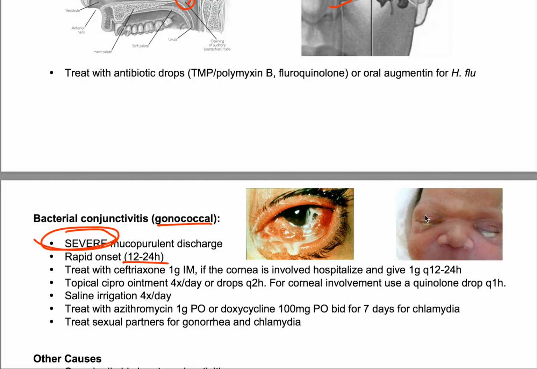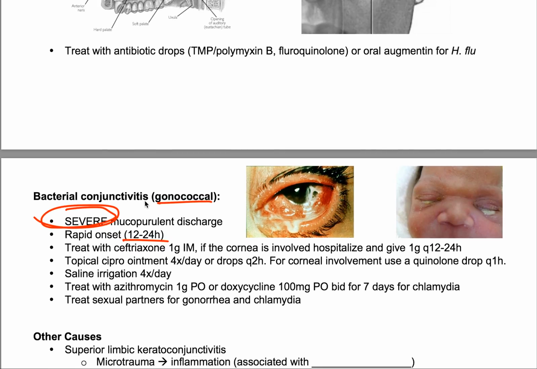It will typically present after a chemical conjunctivitis would present, within the first 2 to 3 days of life, and then kind of in that 3 to 5 day window, be on the lookout for gonococcal conjunctivitis. And do remember that if a child or a newborn develops bacterial conjunctivitis after that 5 day window, you're more likely dealing with a chlamydial conjunctivitis than a gonococcal cause.